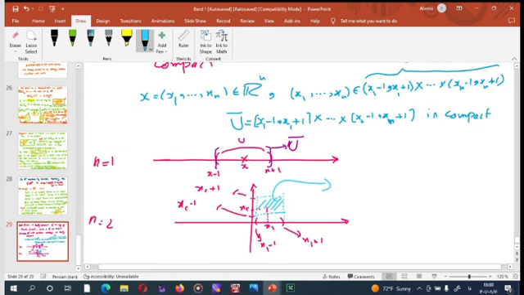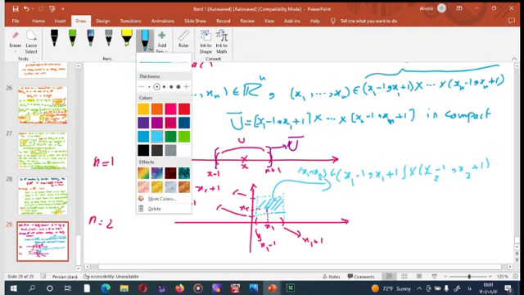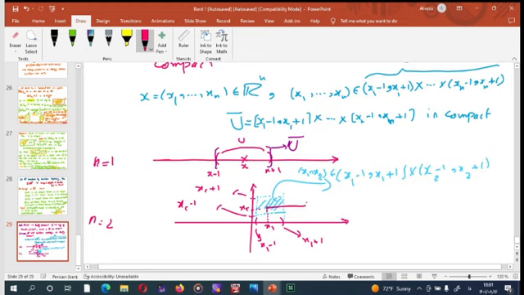Okay, this is (x1 minus 1, x1 plus 1) multiplied by (x2 minus 1, x2 plus 1), and (x1, x2) is an element of this, because in this situation this is this point.